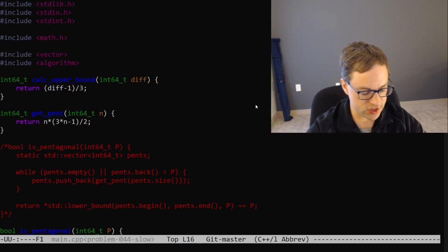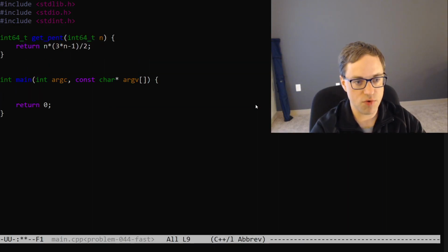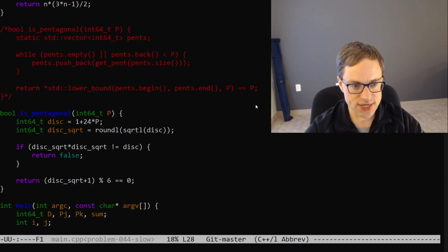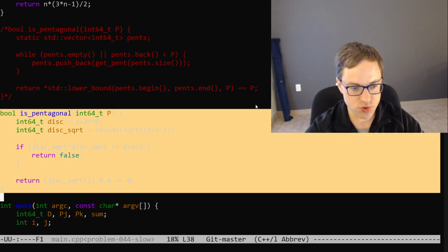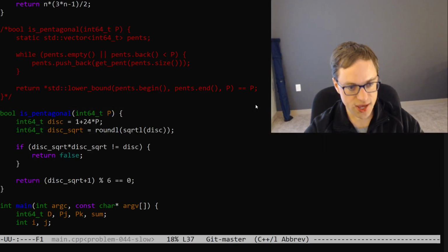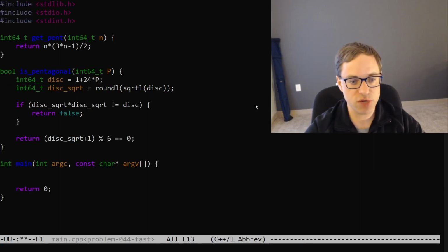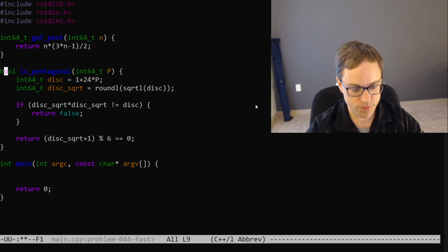Not particularly difficult to implement, but just copy that over. And then we'll also steal this function here. I just want to give one more shout out to Jacob, who is a viewer who suggested this method for determining if a number is pentagonal. You can see all the details of that in yesterday's video.